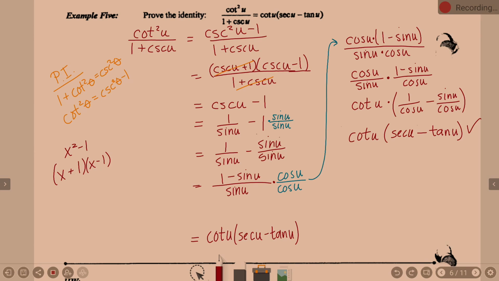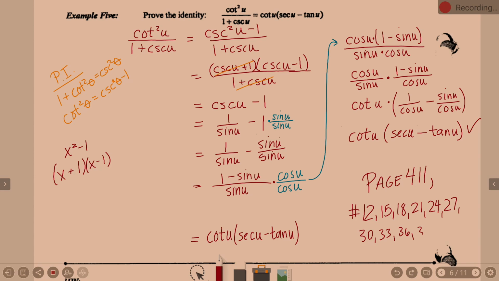Okay. Your homework is page 411, yes? I have it written as 12 through 39, multiples of 3. If you can't handle that, then write on your paper 12, 15, 18, 21, 24, 27, 30, 33, 36, 39.